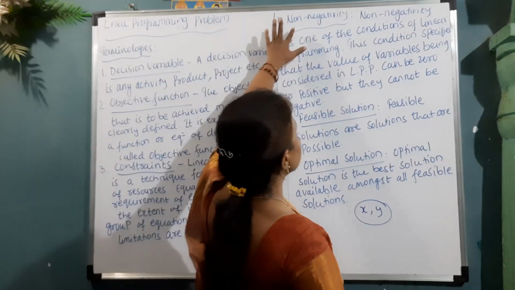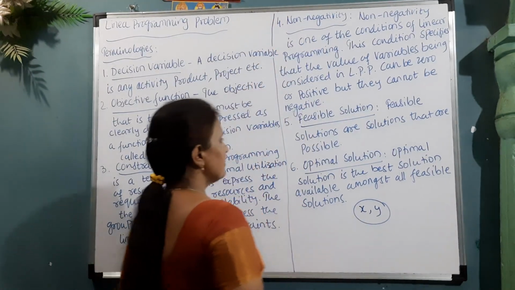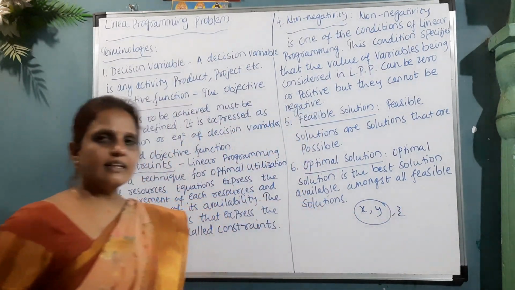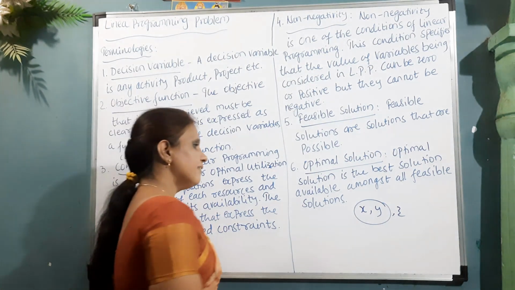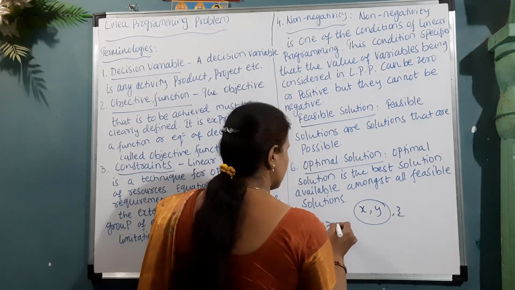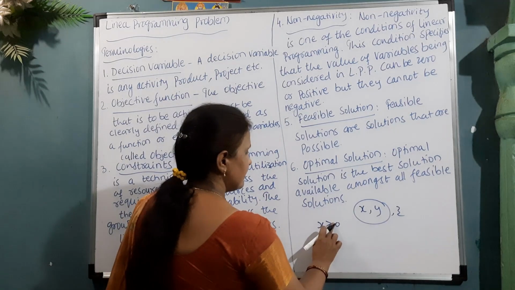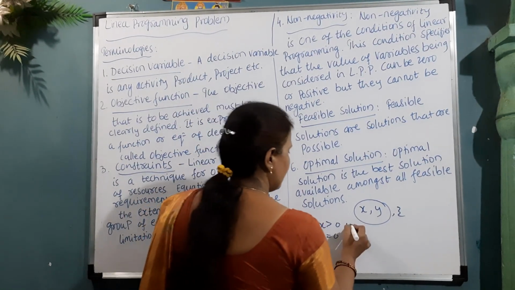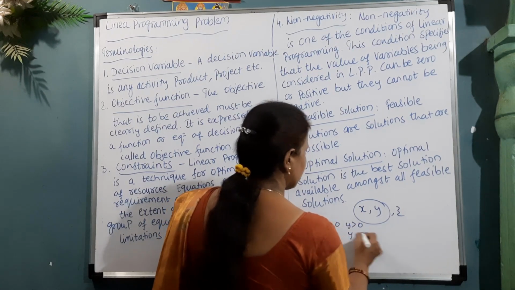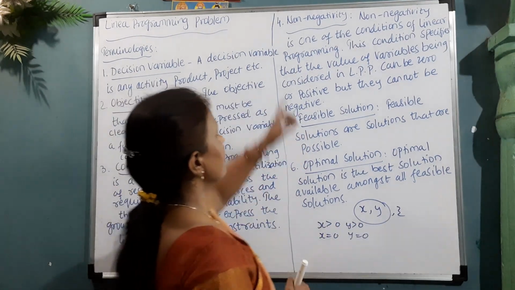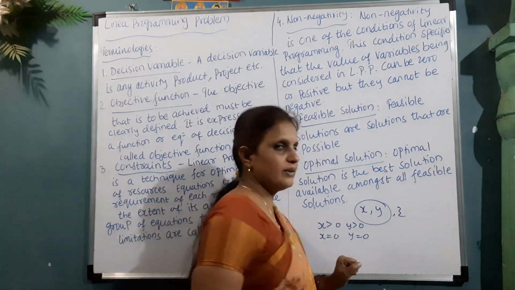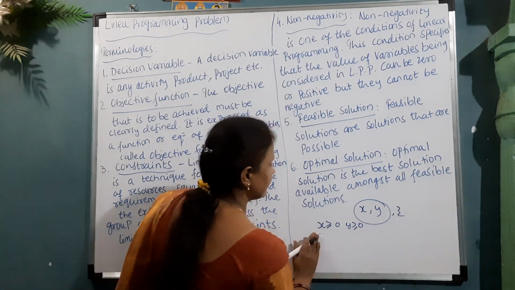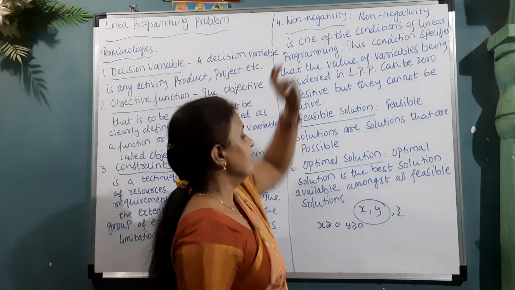Now the next term is non-negativity. Whenever we use any variables x, y, z in a linear programming problem, all the variables are considered to be positive. Positive means x greater than 0, but we may also have x equal to 0 or y equal to 0. Only greater than 0 means positive, but when we take greater than or equal to 0, we express it as non-negativity.